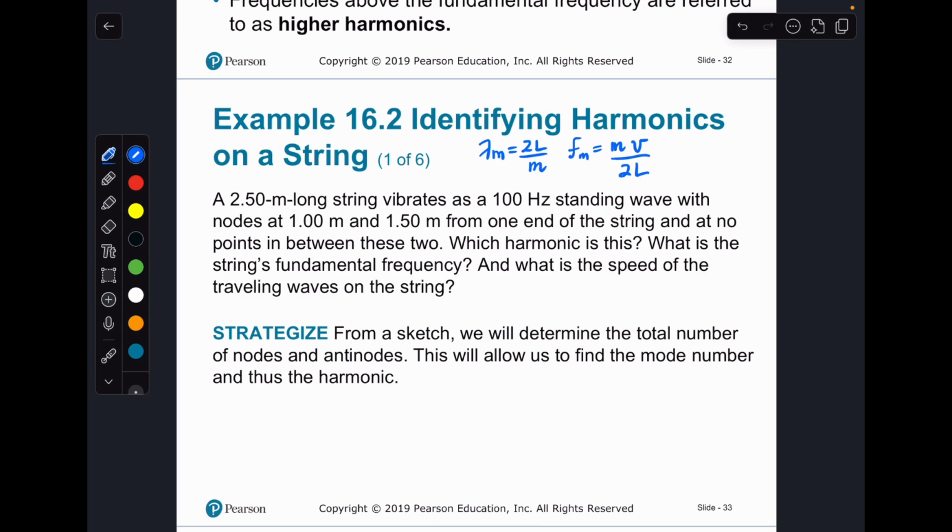We know that the adjacent node-antinode distance is equal to half of a wavelength, which would make node to node one wavelength.